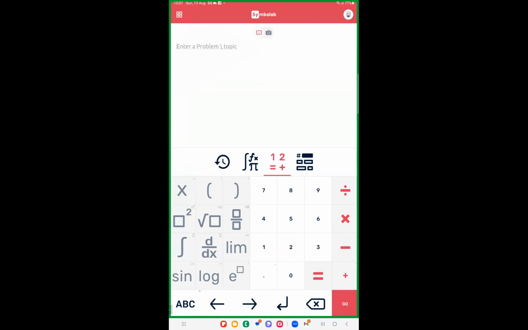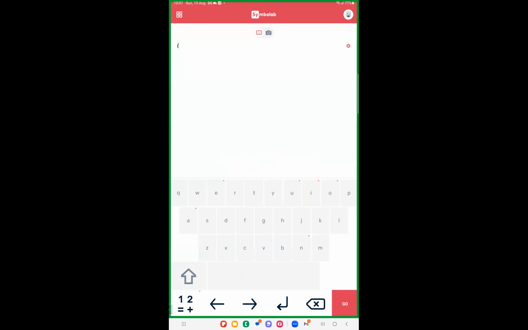Okay, but I want to say that you can do the Laplace transform of this by using this application. If you want to do the inverse Laplace, you type inverse.